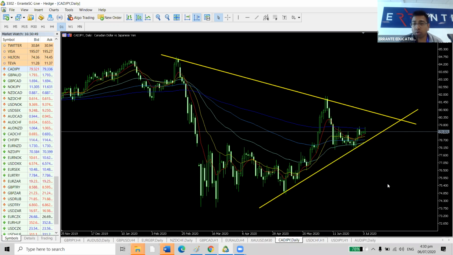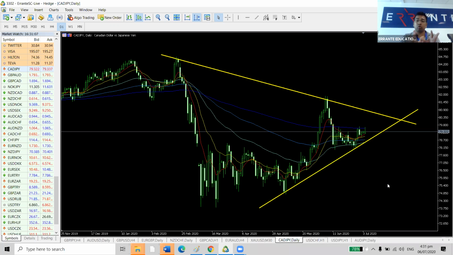But then if we look to the right, at the price of 79.32, as it goes up and up and up, it'll meet the 79.50. So it's probably better and safer for us to buy at 79.60, which is 10 pips above 79.50. Okay, so this is for CAD JPY.